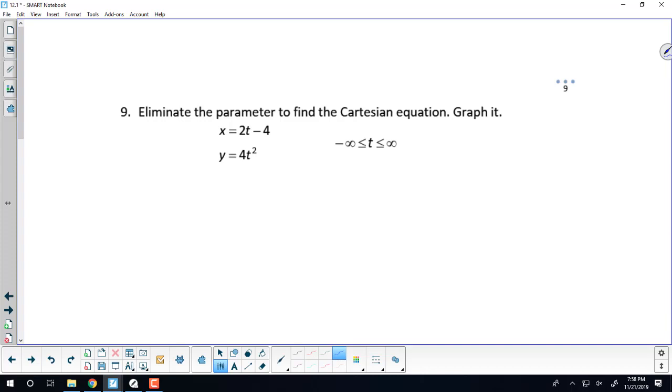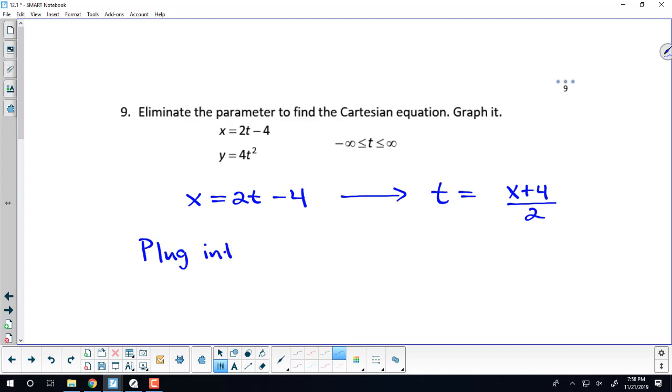And then taking this equation, solving for t and x, and then plugging that into y. T squared, which is 4x plus 4 over 2 squared.